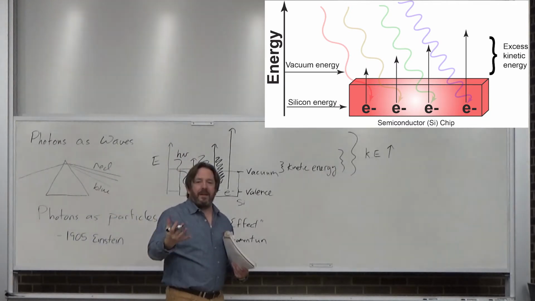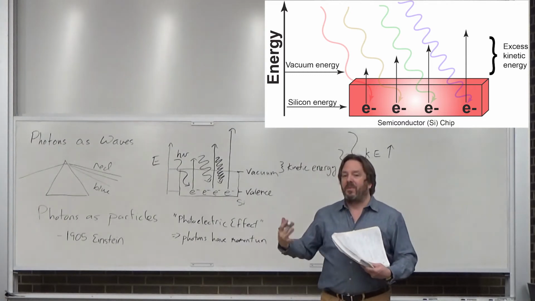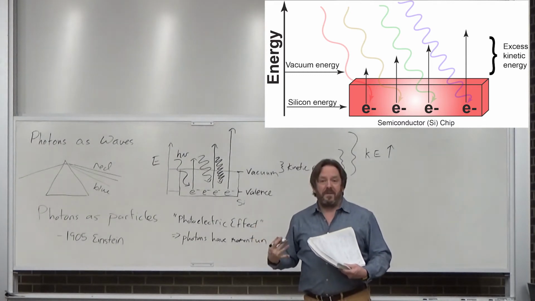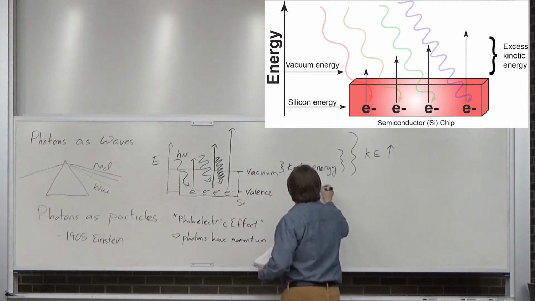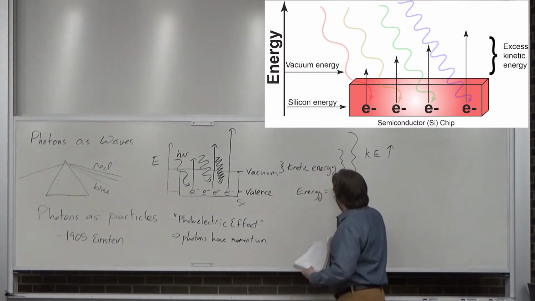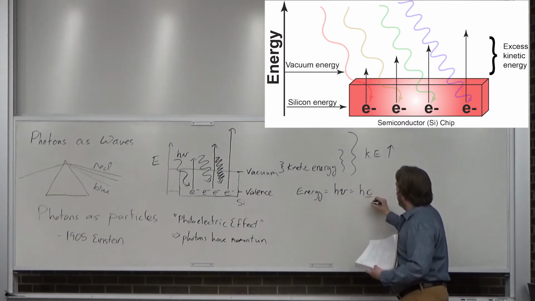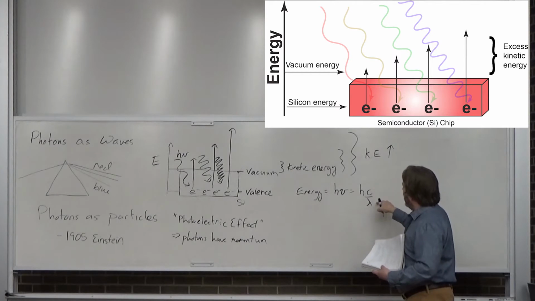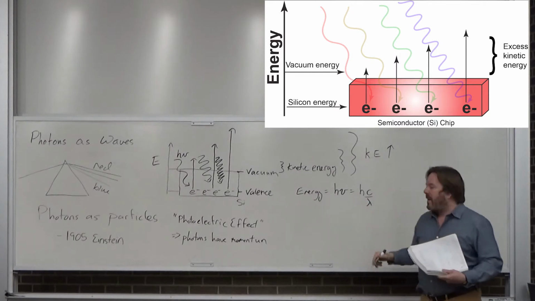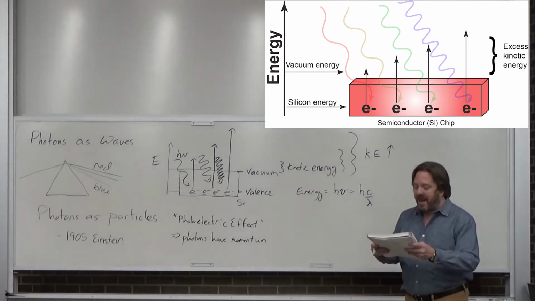H nu is, I'm praying you've seen that before, Planck's constant times the frequency of light, which is the energy of a photon. So let me write that down. The energy is Planck's constant times the frequency. The reason I'm writing that down is that I usually prefer to do this: the speed of light over the wavelength of light is the frequency. I tend to use this one more than I use that one, so I want you to see that.